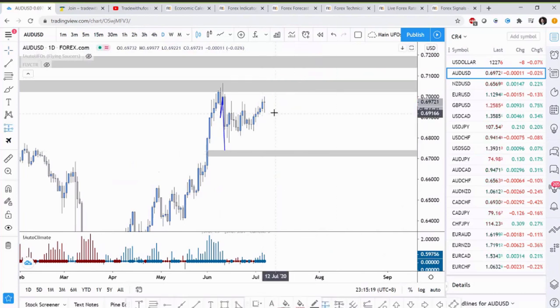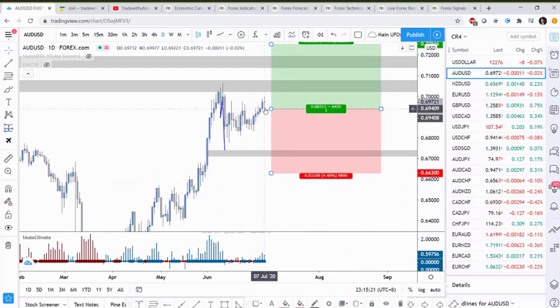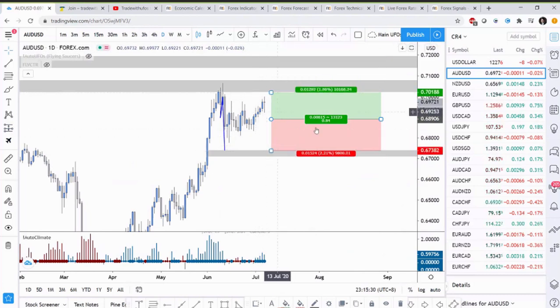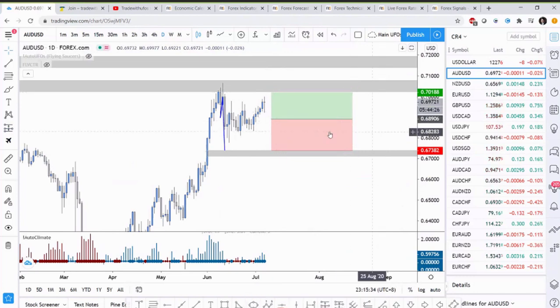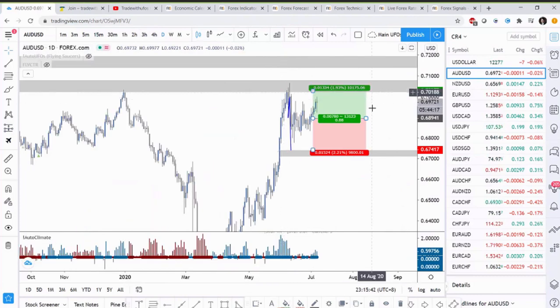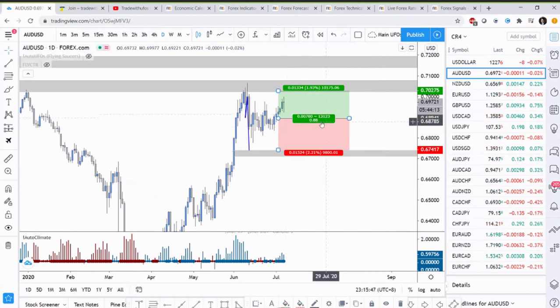So let's say that you're bullish, and if you go long at this point, right? If we're trading in the range, right? And this is your risk reward type of ratio, 1-to-1, right, type of thing.